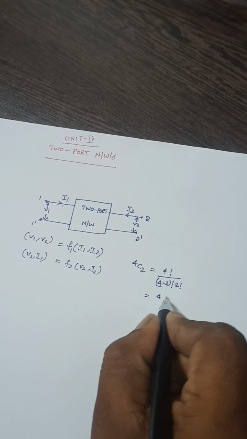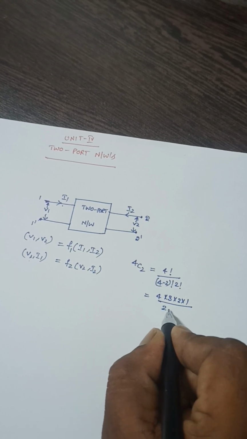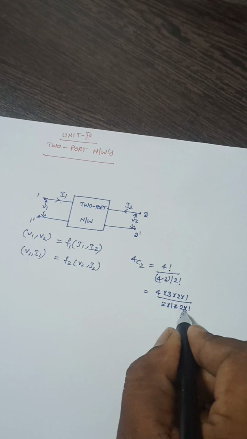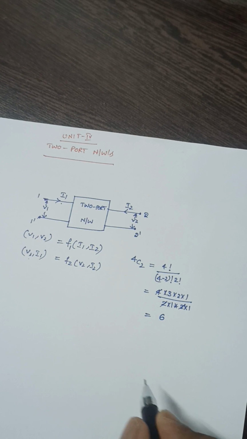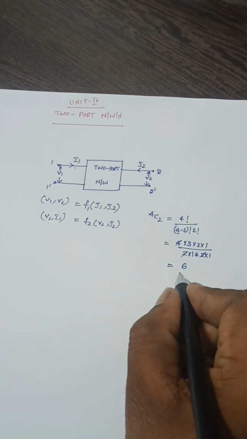That is 4 into 3 into 2 into 1 divided by 2 factorial, meaning 2 into 1, into 2 factorial, meaning 2 into 1. This 2, this 2, this 1 will get cancelled. So the total number of possible combinations will be 6.